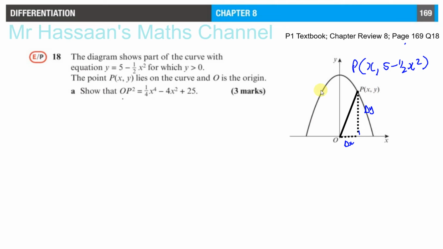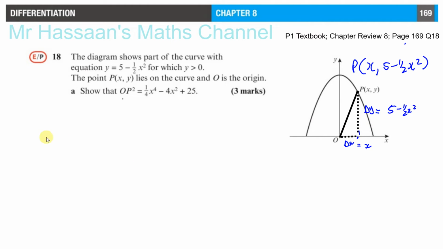That's the y coordinate of P. So when x is 3, for example, the y coordinate of P will be 5 minus a half 3 squared. We can use the fact that the change in y is the y coordinate of P minus 0, which is the y coordinate of O. So it's 5 minus a half x squared, and the change in x is basically x minus 0.